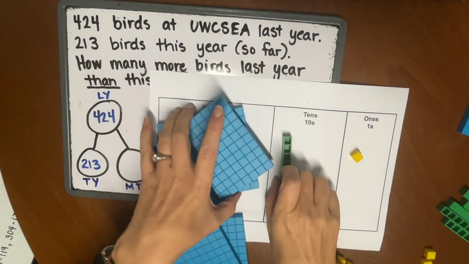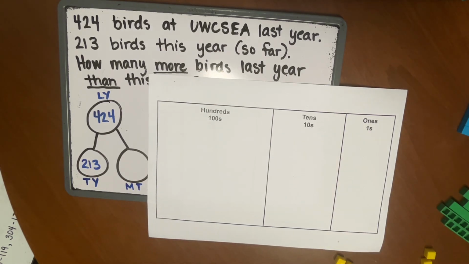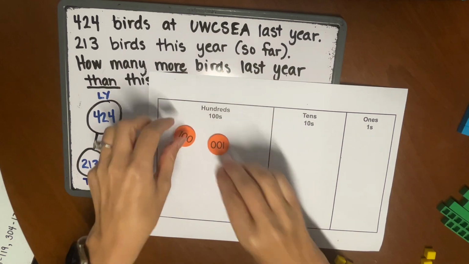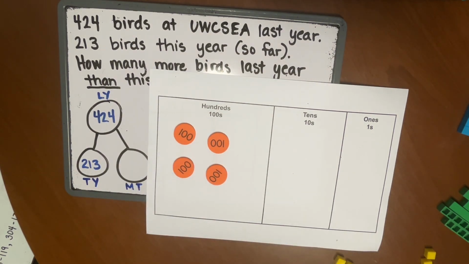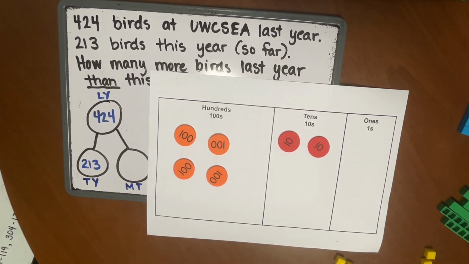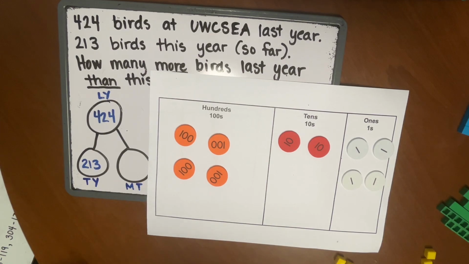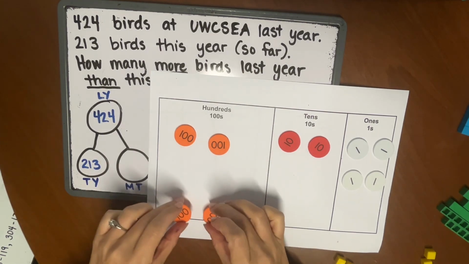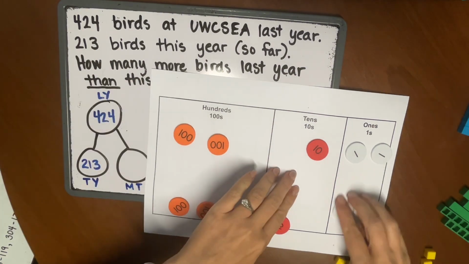Well, let's try this with our place value discs. The same thing. I had 400, 20, and 4. And this year we've already seen 200, 10, and 3 ones.